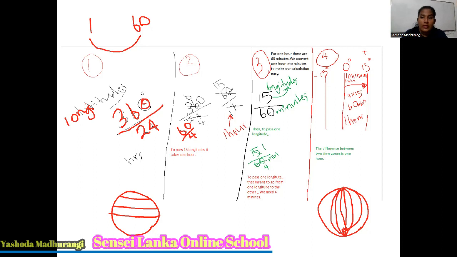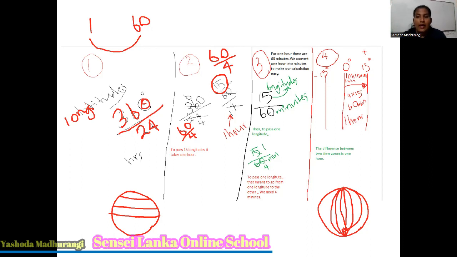If we do the calculation again, 60 divided by 4, we can find how many longitudes we can pass within 1 hour. During 4 hours we pass 60, so during 1 hour we can pass 15 longitudes.